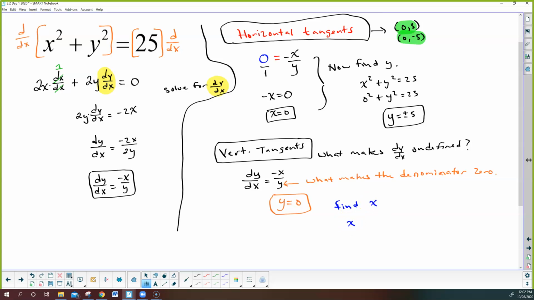And that's just in the original problem. And you could probably do this in your head. You're going to get x squared equals 25. You don't need to show any of this work.